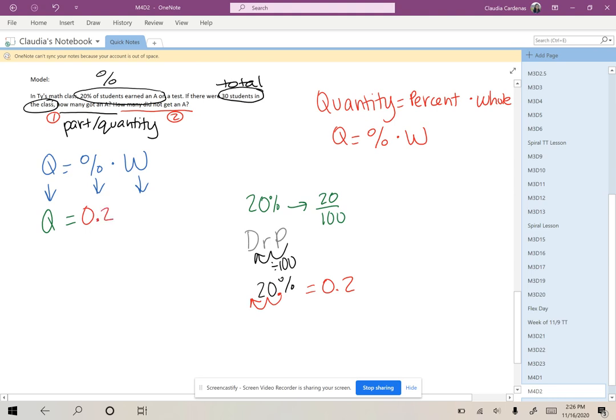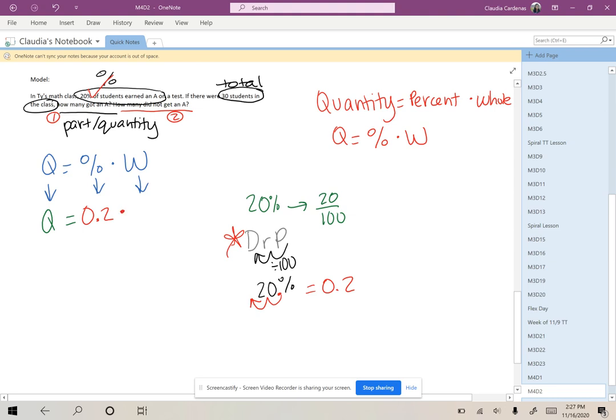Remember, we cannot put the percent as is because it makes it look like a whole number when it is not. It is actually a fractional representation that we can write as a fraction or a decimal. I prefer the decimal way, so let's make sure that Dr. P is written on our paper, since that's going to be used pretty much every time we have a percent problem. Okay, so we've done the percentage part in our equation.